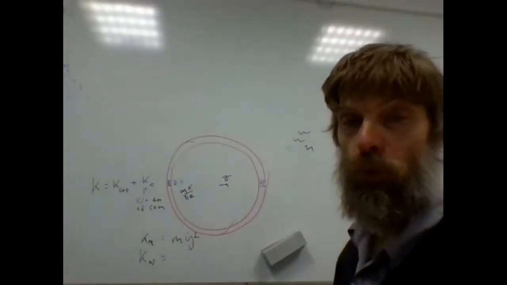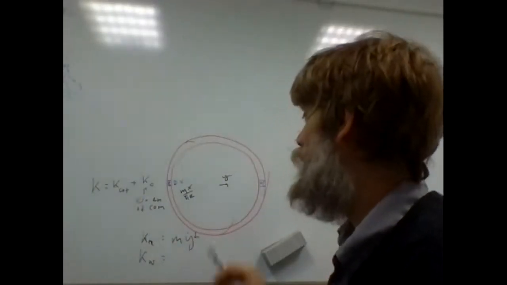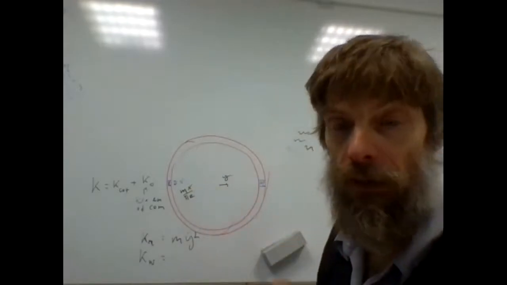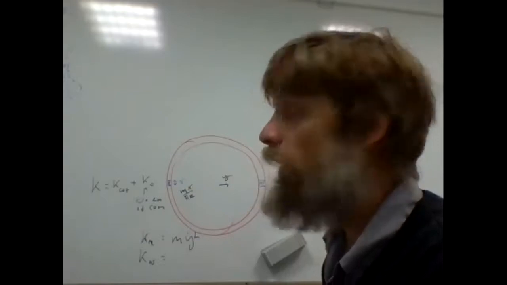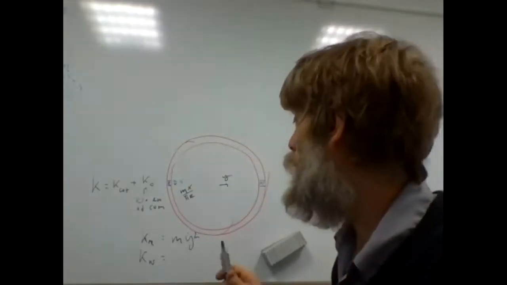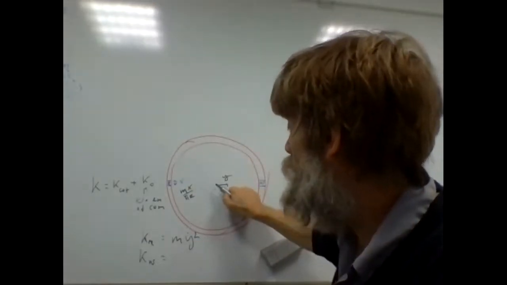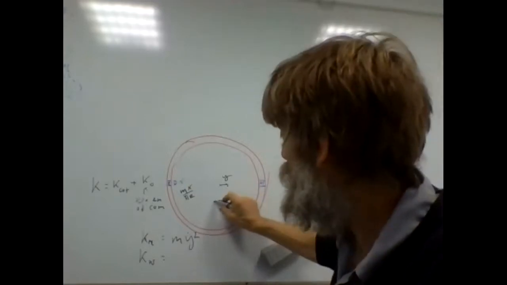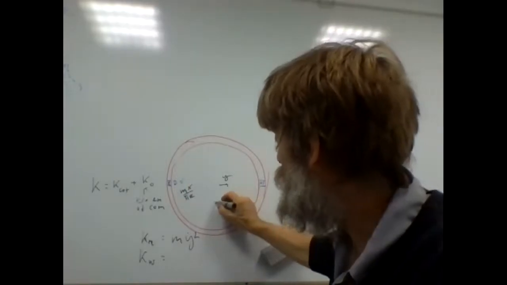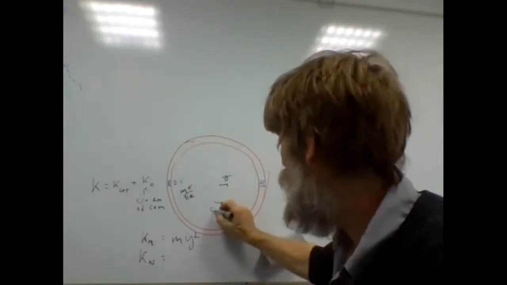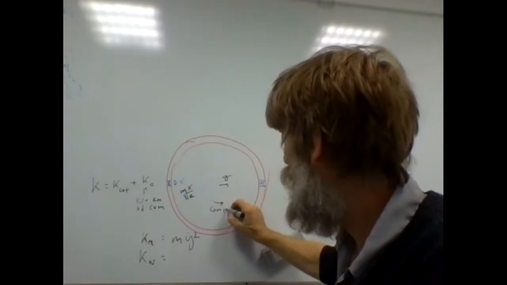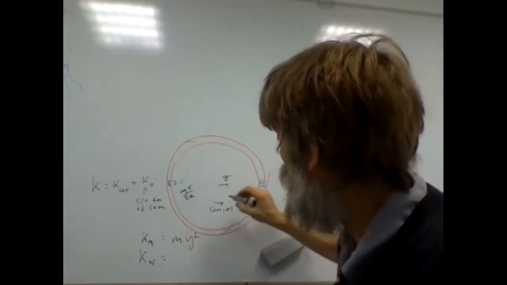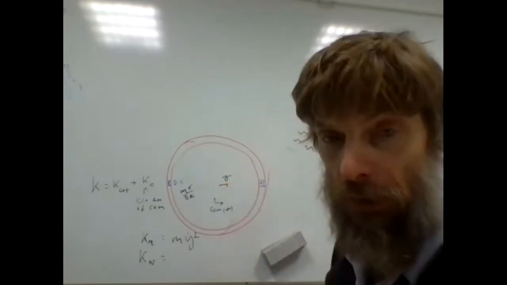Now, what would be very convenient for us to calculate is the kinetic energy of the water in the frame where the center of the ring is at rest. But then again, the difference between those two is very small: the center of mass frame and the frame where the center is moved. So the center of mass of water is somewhere here, but it has a certain horizontal component, and it also has a certain vertical component.